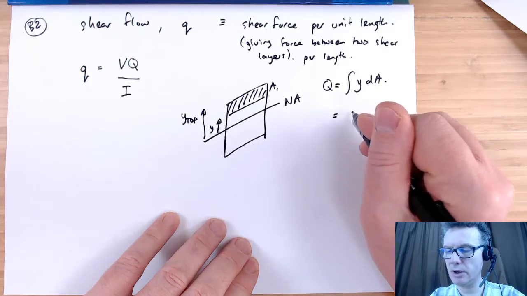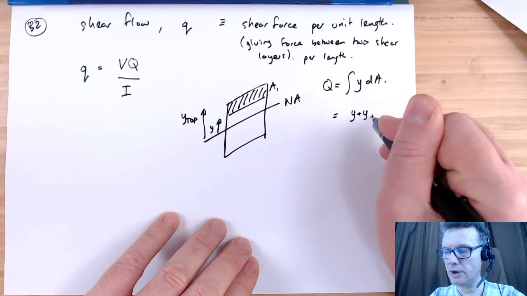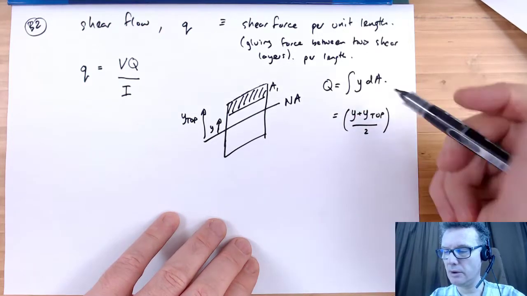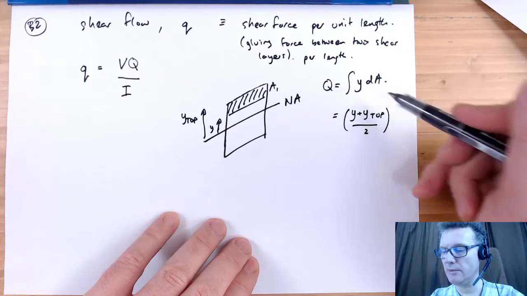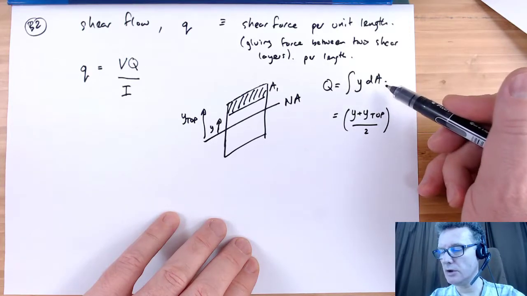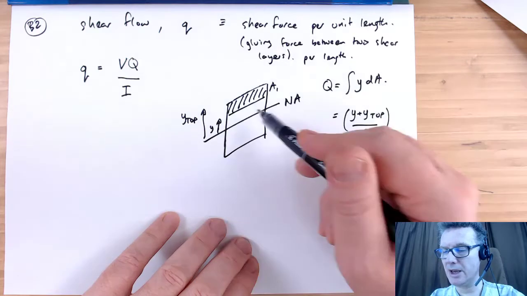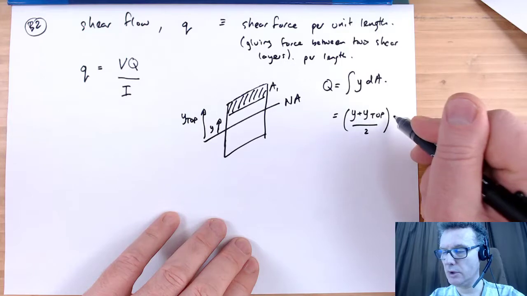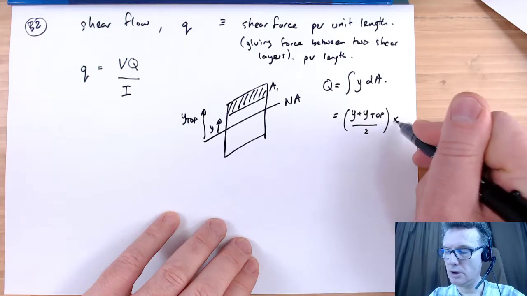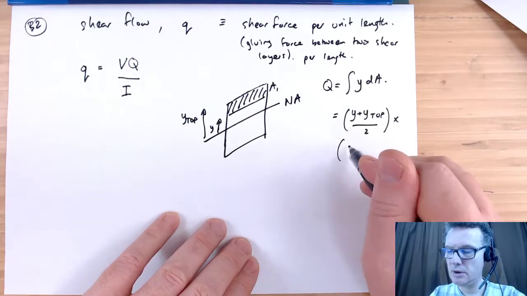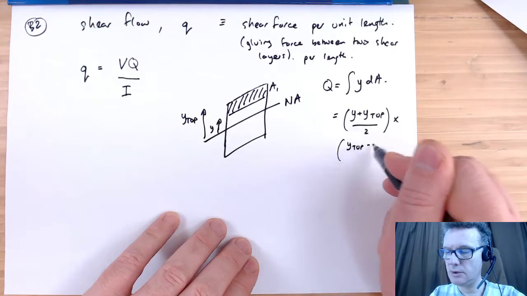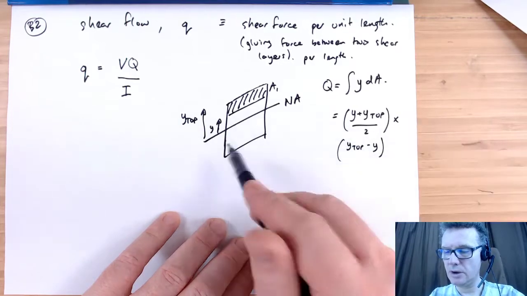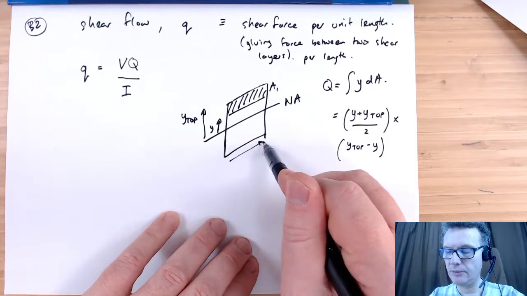So in this case that would be (y plus y top) divided by 2. That's in effect your y there, and you multiply that by the area A1. So in this case that's going to give me y top take away y, and then I need to know the width.